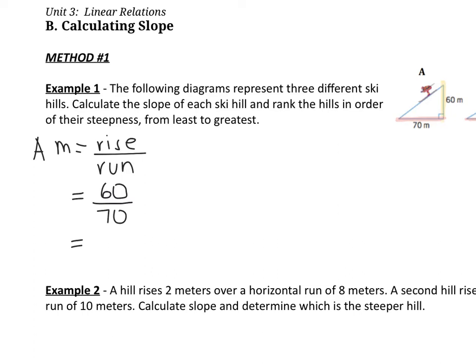If I take 60 and divide it by 70, I roughly get 0.86. I'm going to choose to keep 2 decimal places. So 0.86 is the slope of ski hill A.